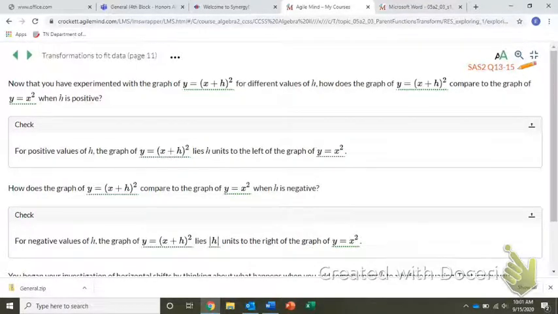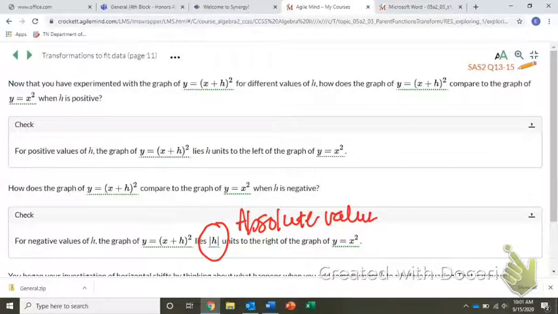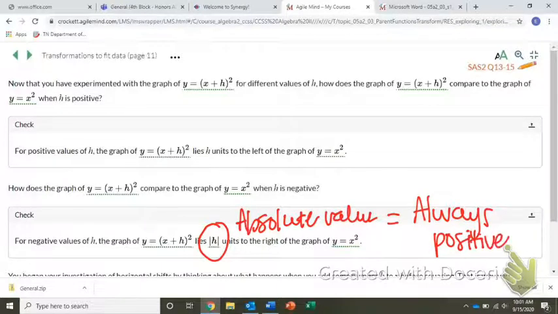Pay attention to this. What does that mean? Absolute value. Absolute value means it is always positive, which is where this plus sign comes from.